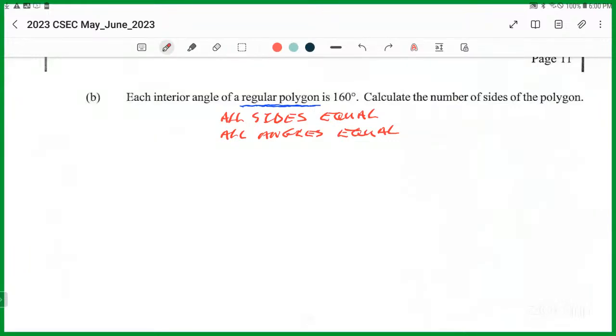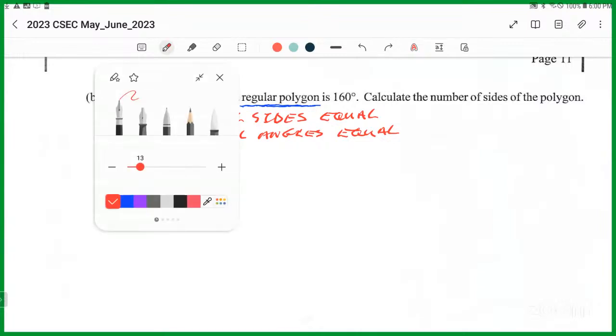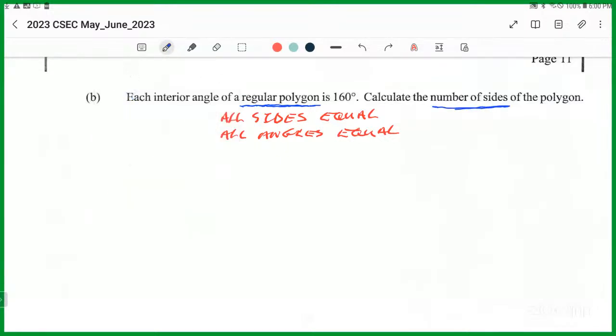Calculate the number of sides. So we can call the number of sides n. And then it can be done in 2 nice ways. You can work it one way where you're working the total interior angle of a polygon.